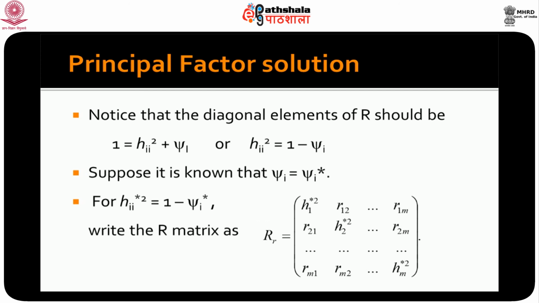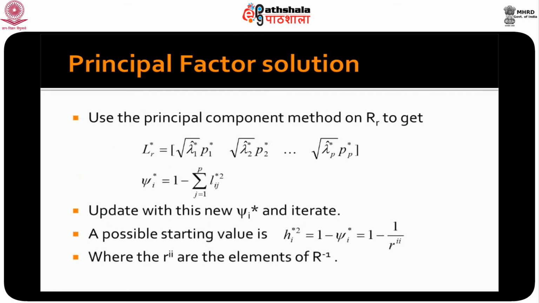So we presume some communalities values, put them in the diagonal, and then we have a modified R, which is R R. And from this R R, we actually compute the L R star prime as before by the principal component technique.